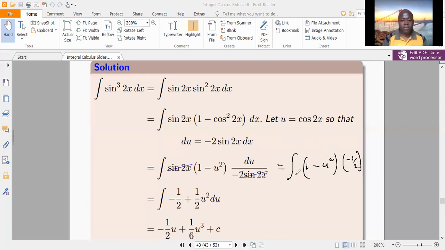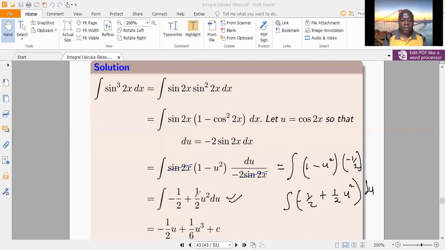When you multiply through, I would have negative a half. Then this negative and this negative will give me positive a half u squared du. This is what I have here.